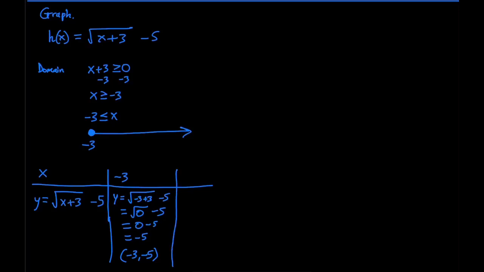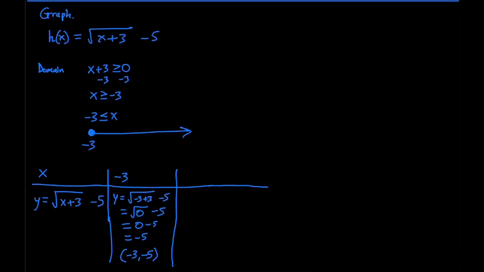And then we'll just pick some other points. Ideally, we would be able to pick numbers that will give us integers as a result. But you can just pick any random number as long as it's to the right. Meaning, you can pick 0 next. This is normally a good one, but not always.